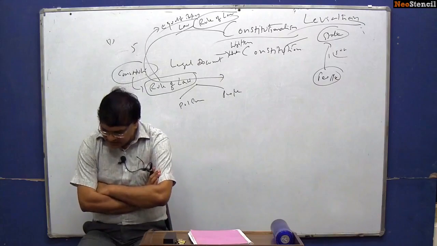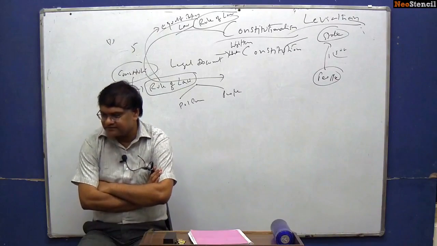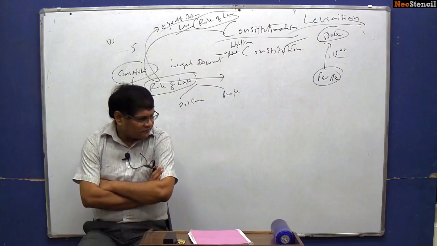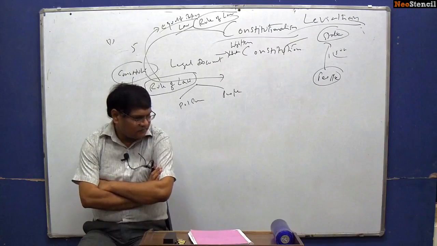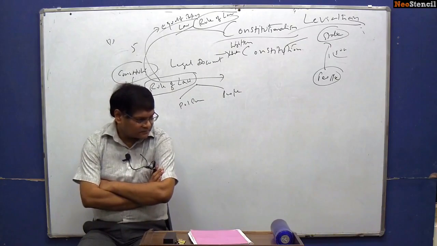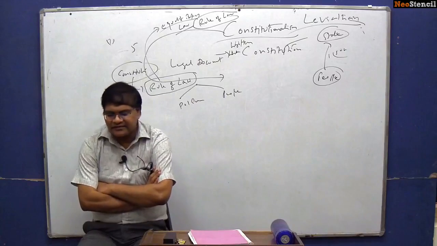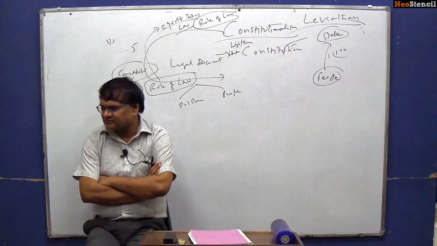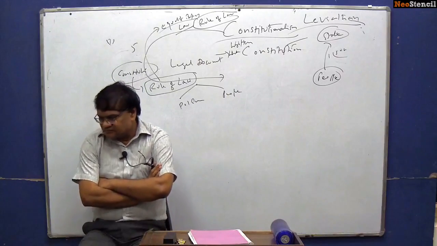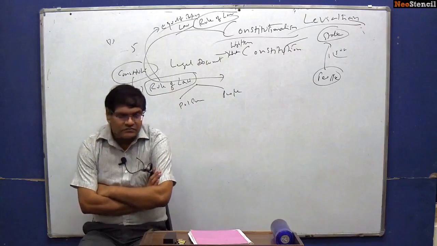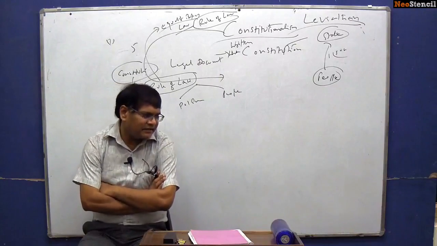Next reason why we say we don't have constitutionalism. More than 45 million cases are pending with our judiciary.